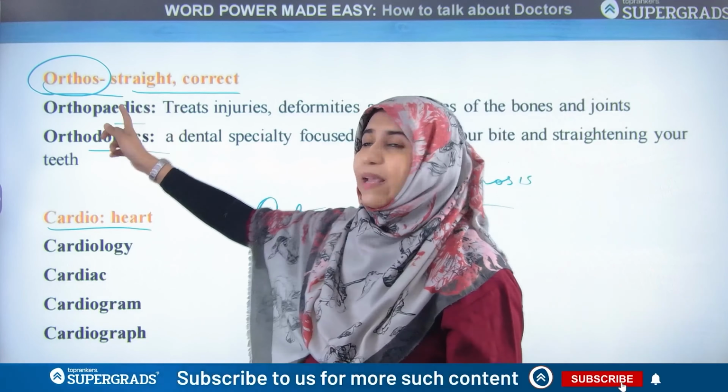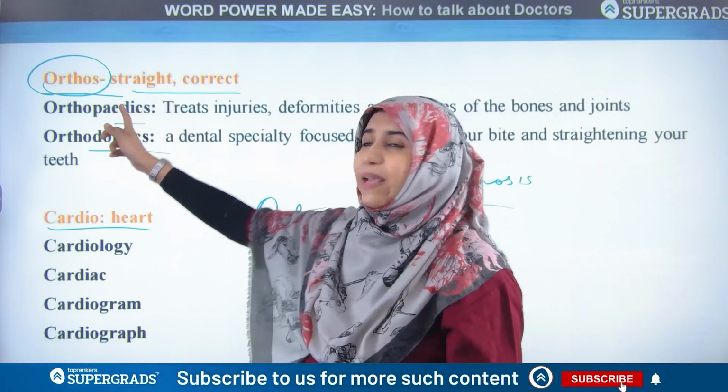You might be wondering what's the connection of orthos with orthopedic. So take it like this. Whenever there's a fracture or whenever a bone breaks, or whenever a joint is dislocated, orthopedics actually set that straight. So it's straightening of everything that has gone awry, that has gone wrong, right?